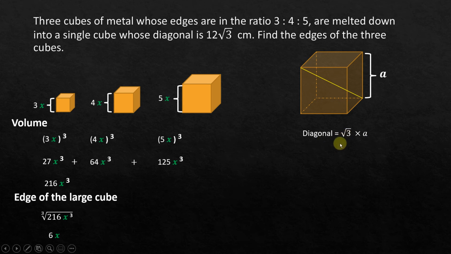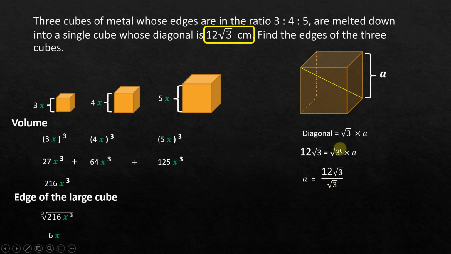Now we are expressing the diagonal in terms of the edge a, but we know the value of the diagonal. It has a numerical value here, which is 12 square root of 3. So instead of diagonal, we can replace it with 12 square root of 3. 12 square root of 3 is equal to square root of 3 times a. Now there is only one variable, which is a.